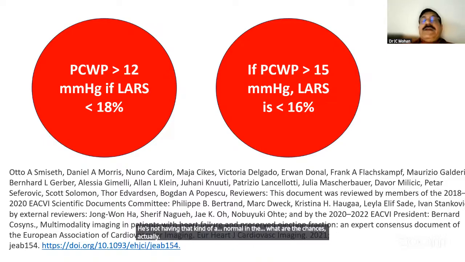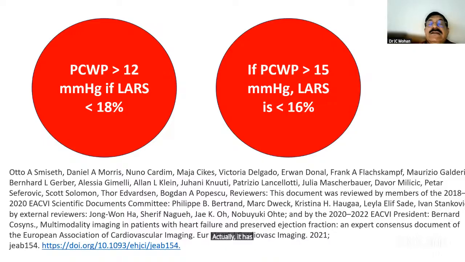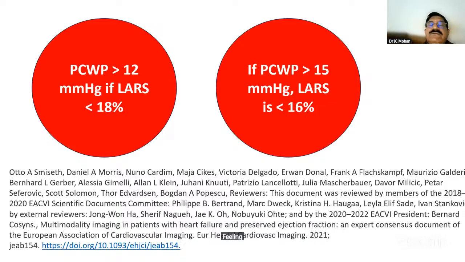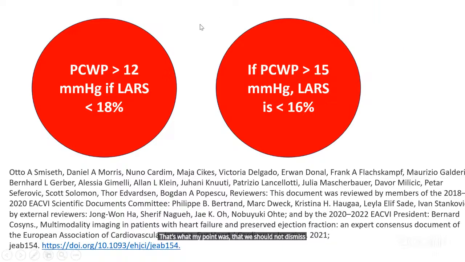The chances are pretty high that his resting wedge pressure is more than 15. It has been suggested that below 16 there is about a 90 to 92% chance that the filling pressure is elevated. So I wouldn't call it normal or near normal filling pressure. That's my point, that we should not dismiss this case as entirely normal.